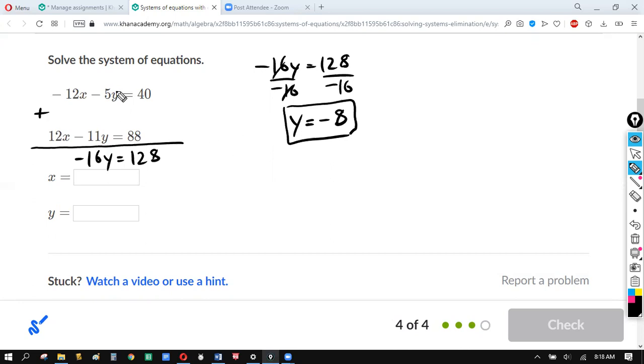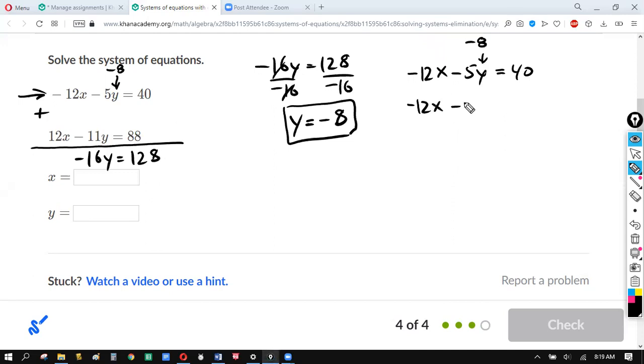All right, so you just put the negative 8 in either equation in place of y. All right, so negative 12x minus 5y equals 40. All right, and the negative 8 goes in there. I'm using this top equation.